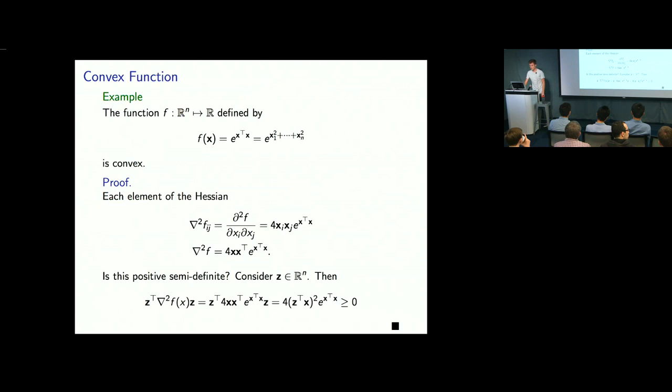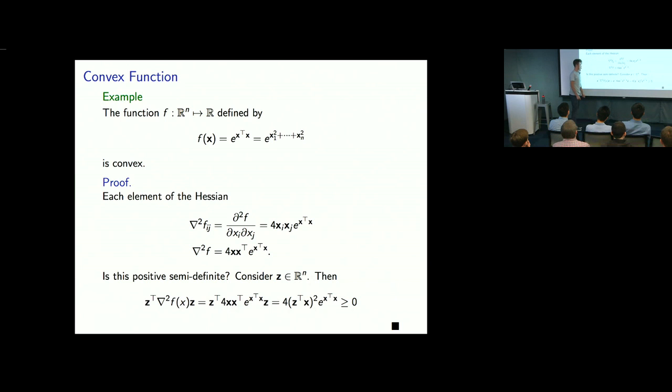In the multivariable case, if we have e to the x transpose x, which is just the sum of the different dimensions squared, every element of the Hessian, so we take two derivatives, and you get 4 times xi, xj, times the function. And if you're familiar with this, that is 4 x times x transpose, the outer product, times e to the x transpose x.